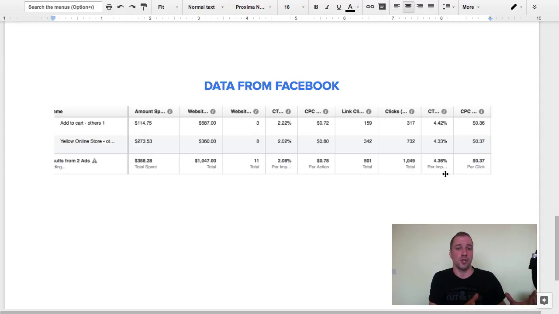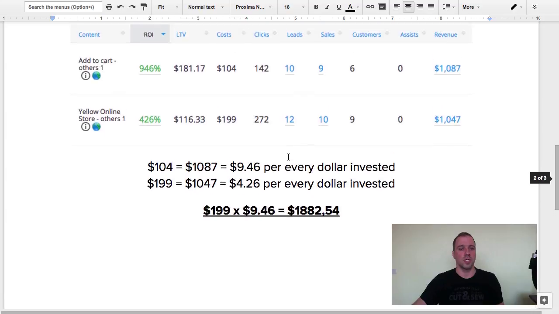Conversion points are crucial, because first you get the click-through rate pretty high, which is good in this case. Then you look at how much you pay for the clicks. Then you look at how these clicks convert on your website, which particular ad is generating more conversions and more profits. So these are all conversion points that you need to look at in order to understand what works and what doesn't.